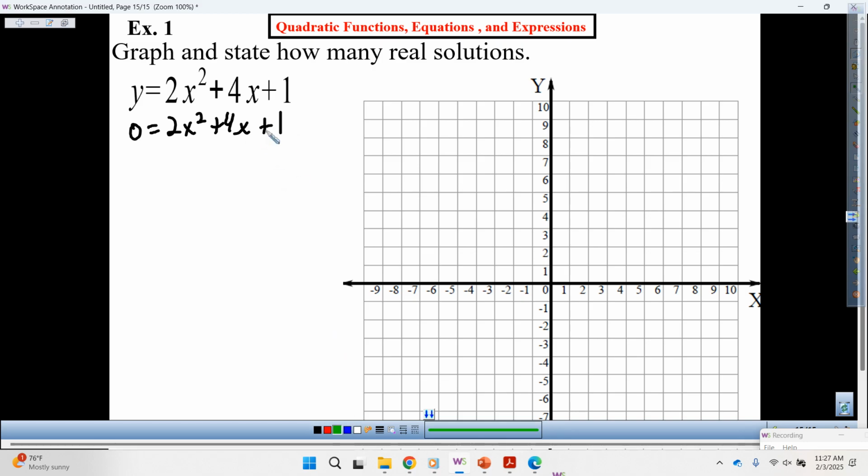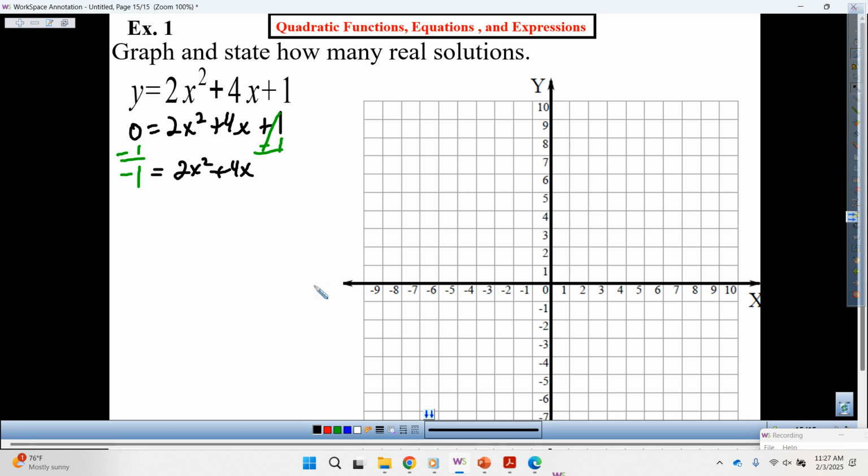So minus 1, minus 1. We end up with negative 1 equals 2x squared plus 4x. Are we following so far? Yes? All right.